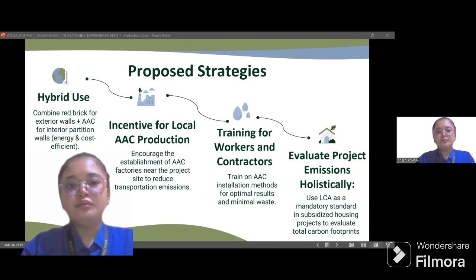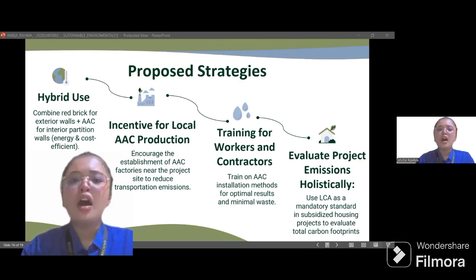And then next, we have training for masons and contractors. AAC requires different installation techniques compared to traditional red bricks, including cutting, adhesive use, and light drilling. Without proper training, the risk of installation failure increases, leading to material waste, rework, and overconsumption of energy.